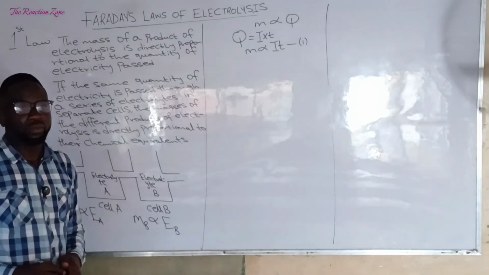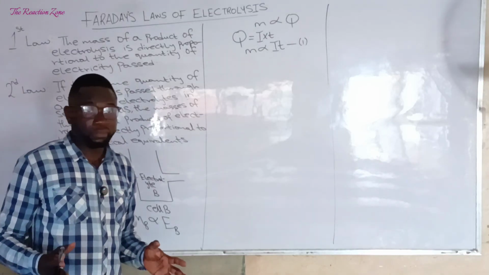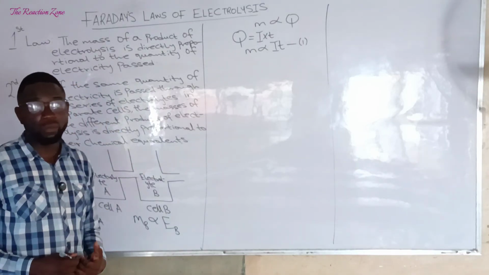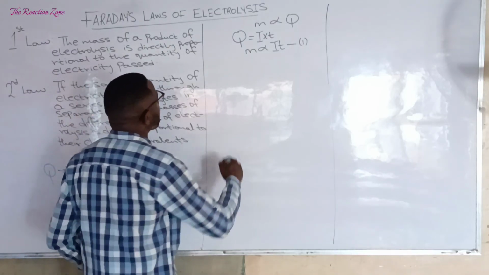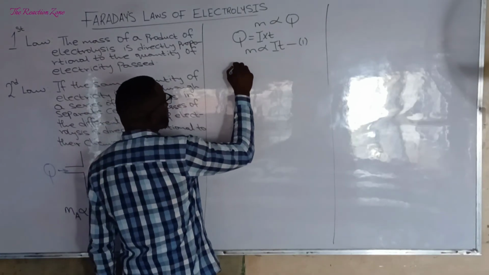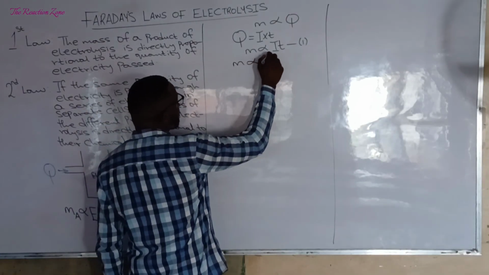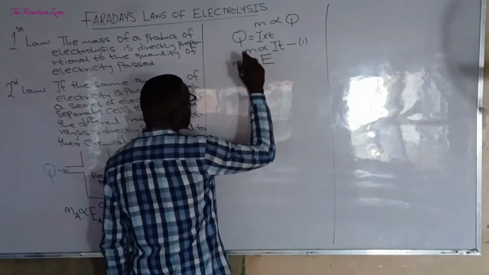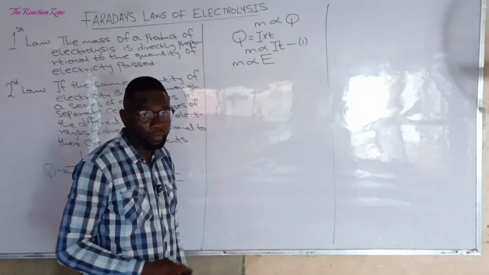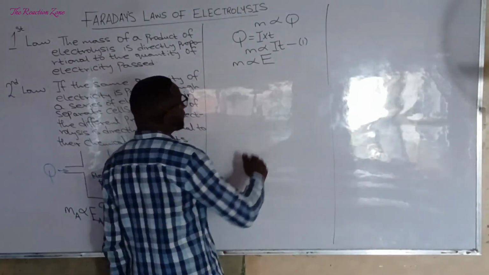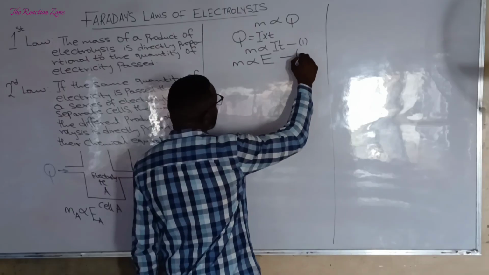So, mathematically, Faraday's second law can be expressed as mass is directly proportional to chemical equivalent, which is represented by E. And this is our second equation.